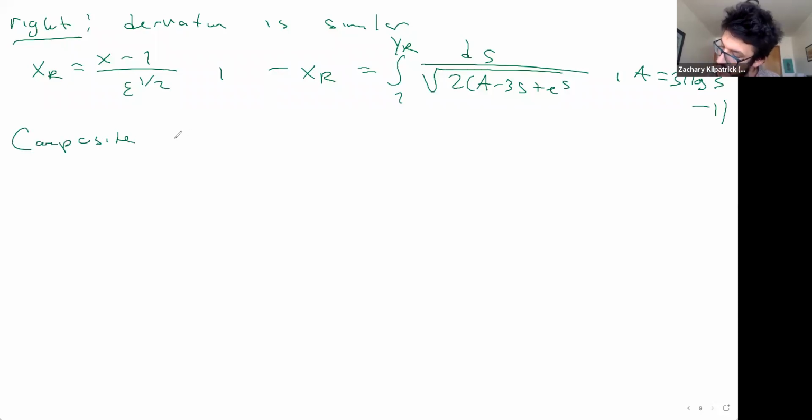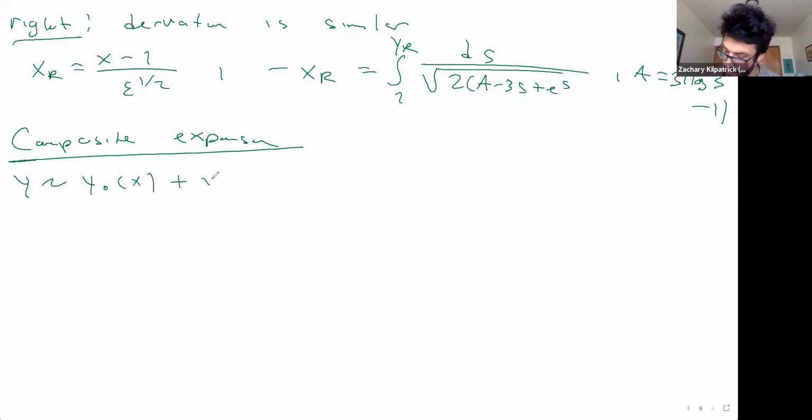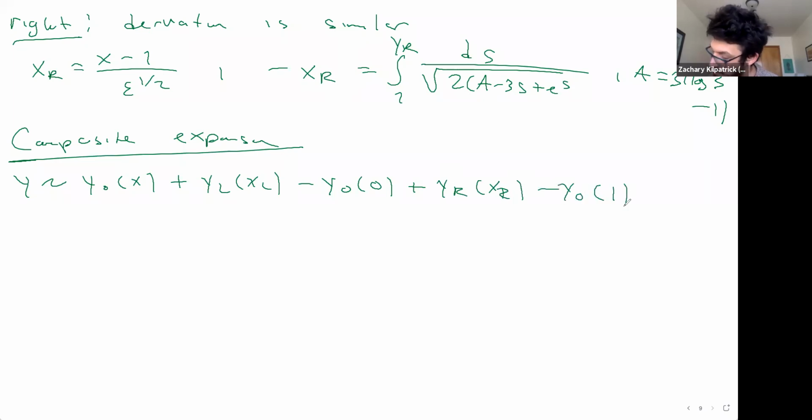Now to get our composite expansion, in this case, like in our previous problems, we just want to add together our outer solution, our inner solution, our right-hand solution, and subtract off the contribution that's felt twice, the value of our outer solution.